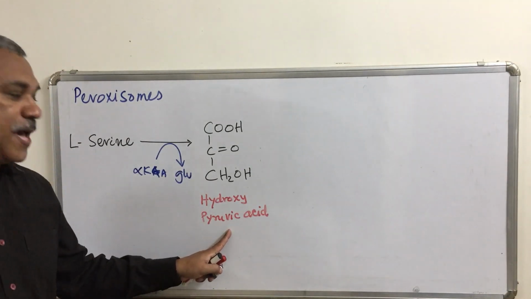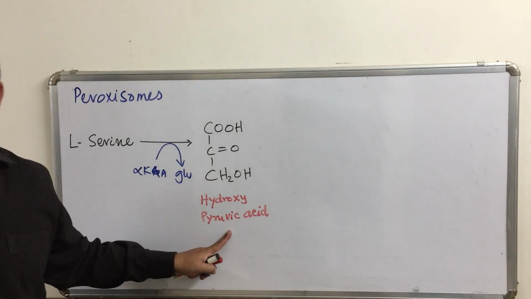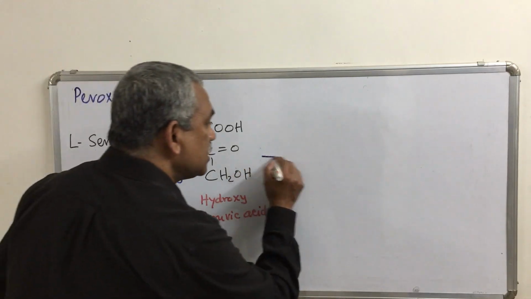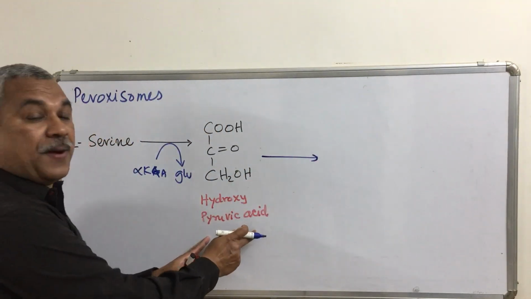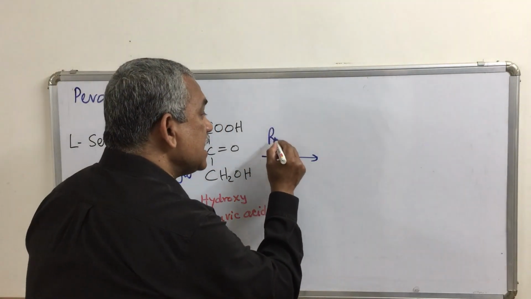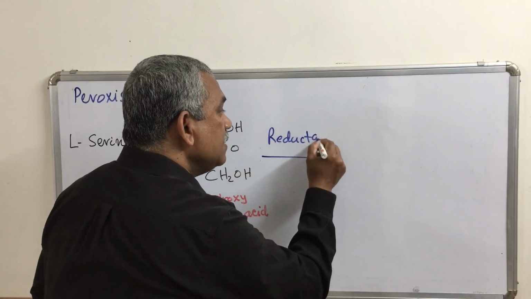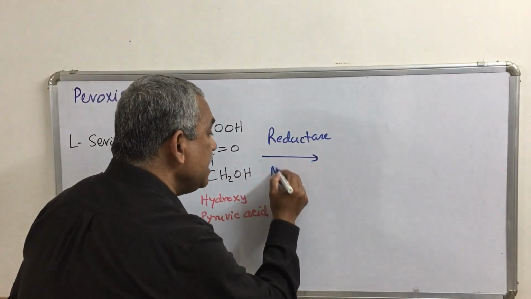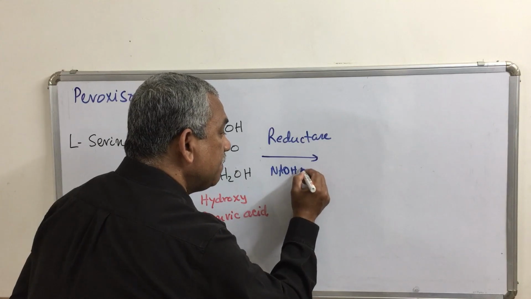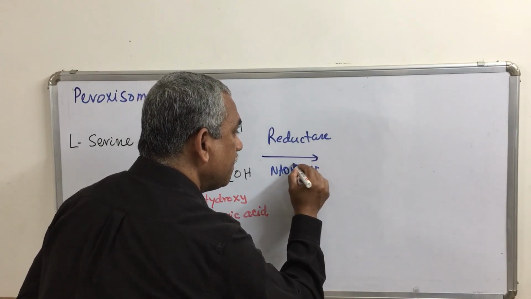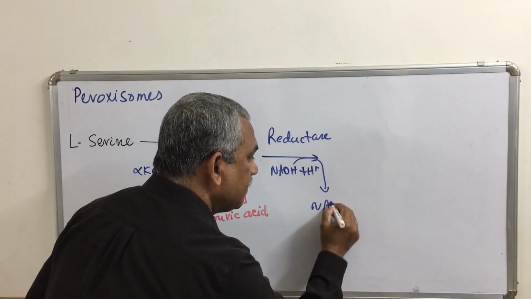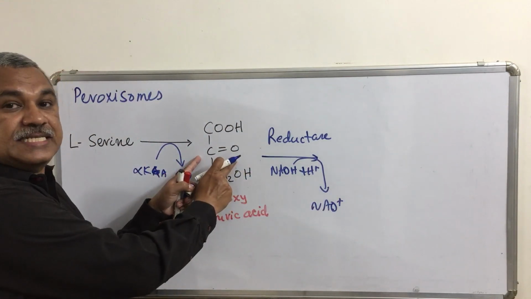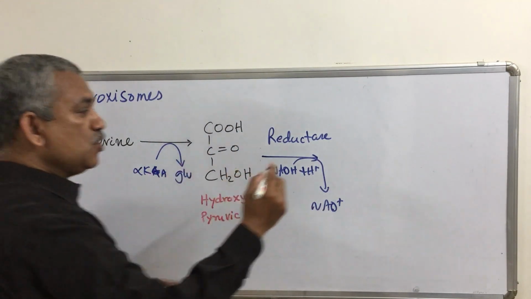Once this hydroxypyruvic acid is formed, it will be reduced by hydroxypyruvic acid reductase enzyme, and this is an NADH dependent enzyme. So the two hydrogens are added to this hydroxypyruvic acid.